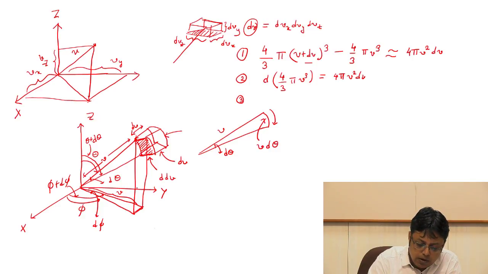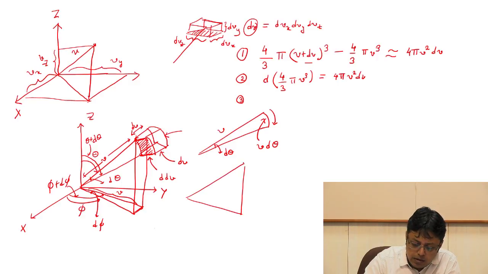Now let us calculate what is the change due to the change in phi from phi to d phi. So that we took a projection on this plane, which I'm writing once again. Now look at it carefully. What is this angle? This angle is theta. So this angle also should be theta, because this is the z-axis and this is perpendicular to the xy plane, so these two lines are parallel.